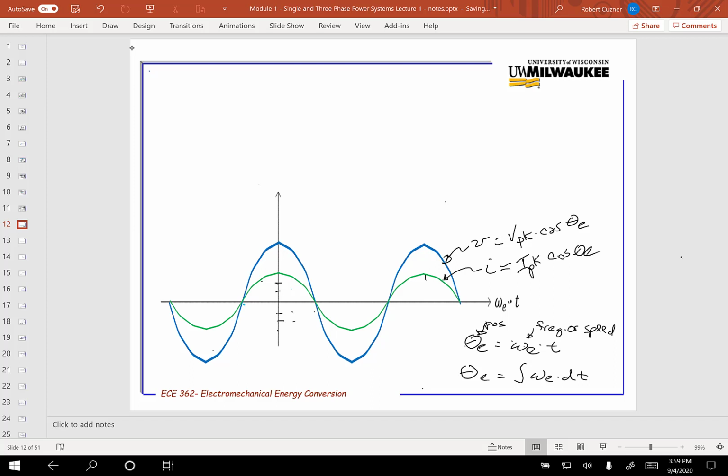Now I've also established that V RMS equals V peak divided by square root of 2, and I RMS equals I peak divided by square root of 2.